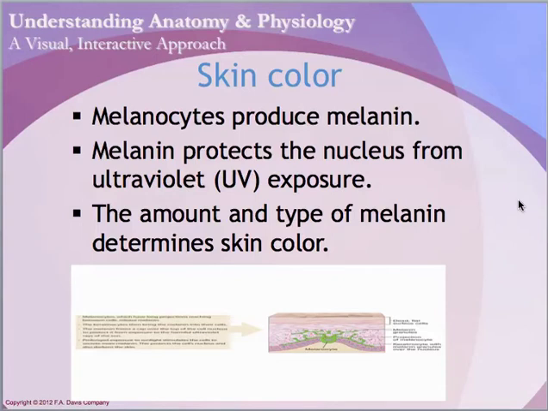They have long projections reaching between cells, and that's where they release the melanin. The keratinocytes then bring the melanin into their cells. The melanin forms a protective cap over the top of the cell nucleus and protects it from exposure to harmful UV rays of the sun.